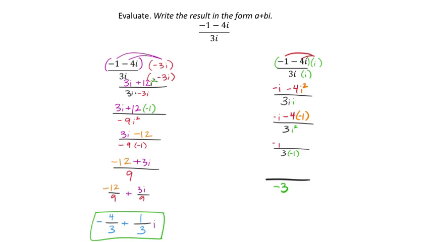And so I end up with -i, but now it's plus 4, because 4 times -4 times -1 is positive 4. And then just switching the order there would be 4 minus i. And then you can see that this would give me two fractions, with the denominator of -3, where I would have 4 and -i.